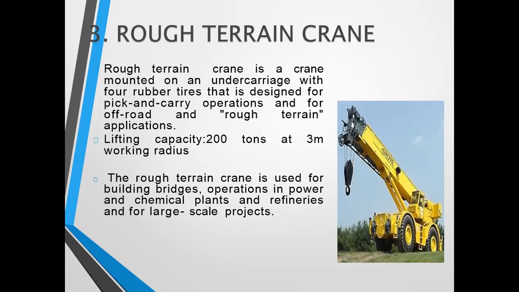The outriggers are used to level and stabilize the crane for hoisting. In a rough terrain crane, the engine is usually mounted in the undercarriage rather than in the upper, as with a crawler crane. The lifting capacity of this kind of crane is 200 ton at 3 meter working radius.